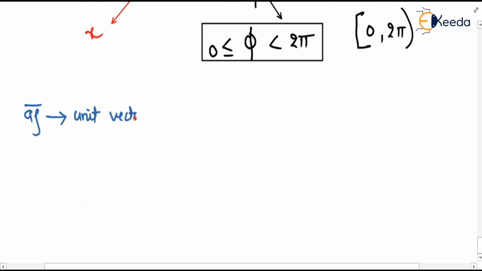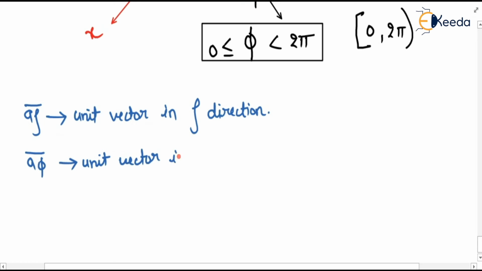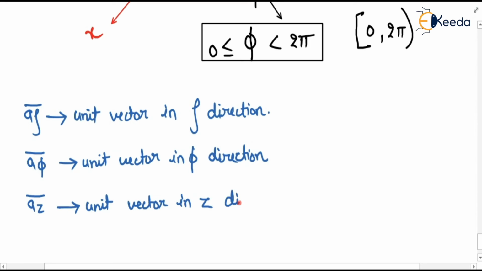A rho is the unit vector in the rho direction. A phi is the unit vector in the phi direction. And a z is the unit vector in the z direction.